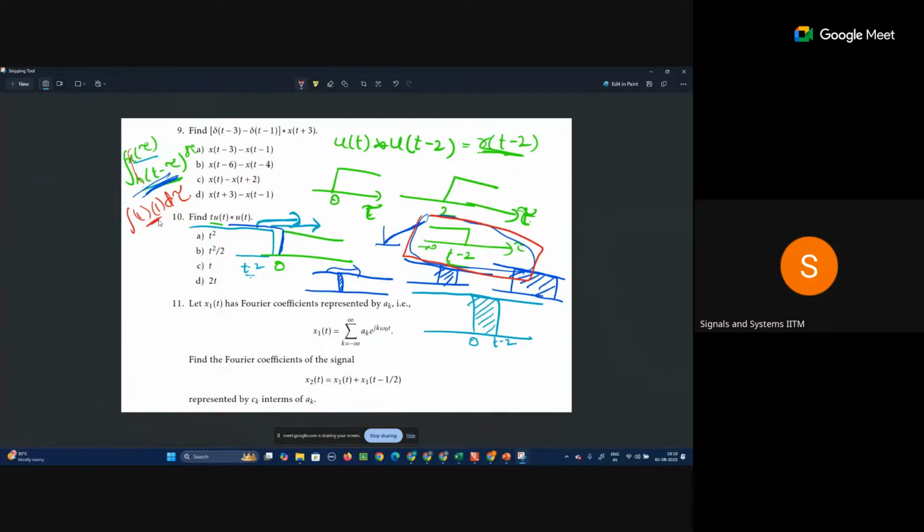Am I right? Just a second, I'm getting confused. Wait, I will write it. Should I give you the access to share the screen? Actually, I am writing it on the copy.